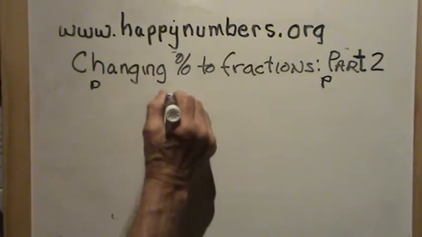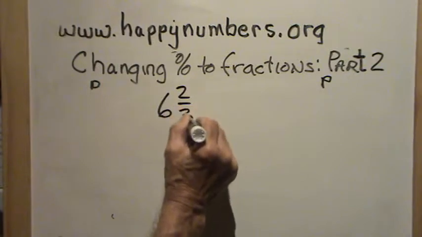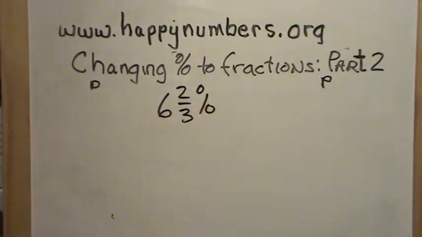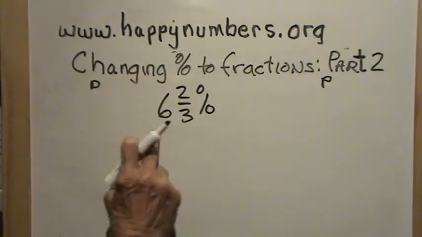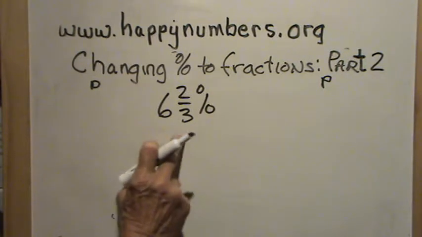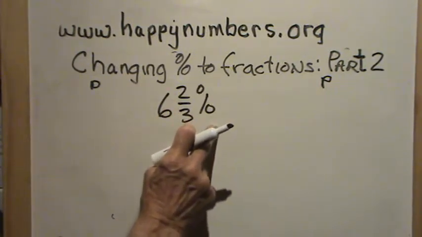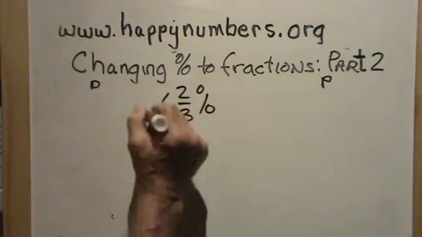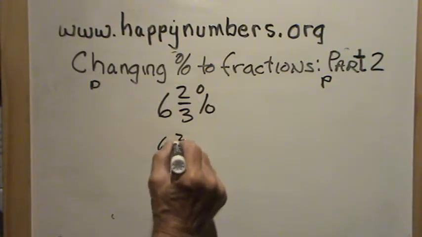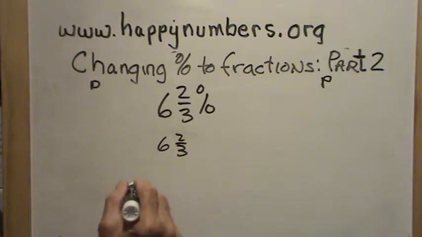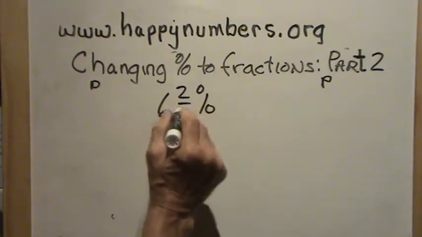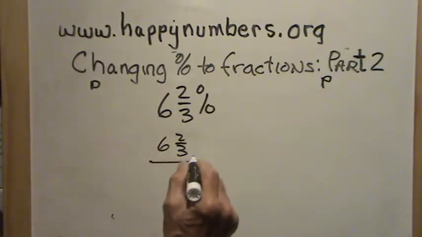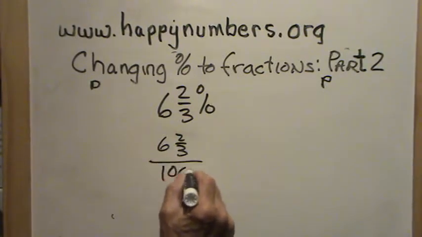Suppose we had 6 2/3%. Well, now we have a fraction in our percent, 6 2/3%. First thing we do is we write the number 6 2/3 as our numerator, the top, and we know this is denominator 100.